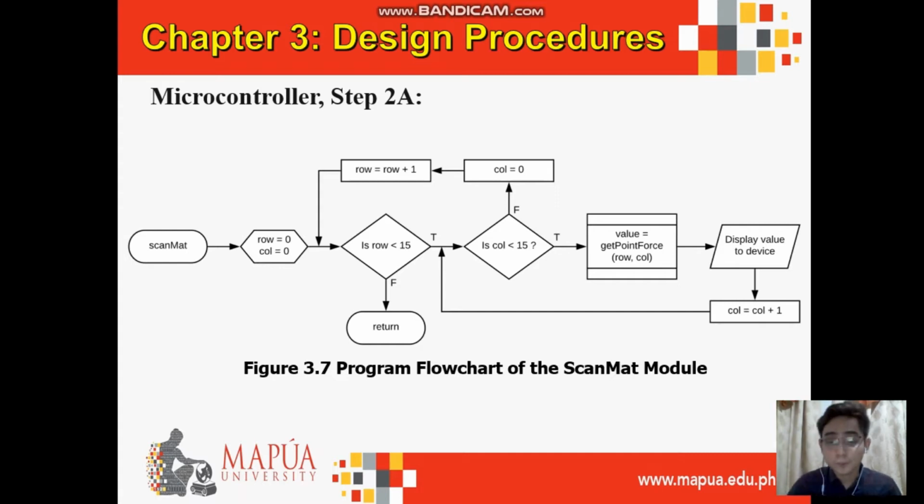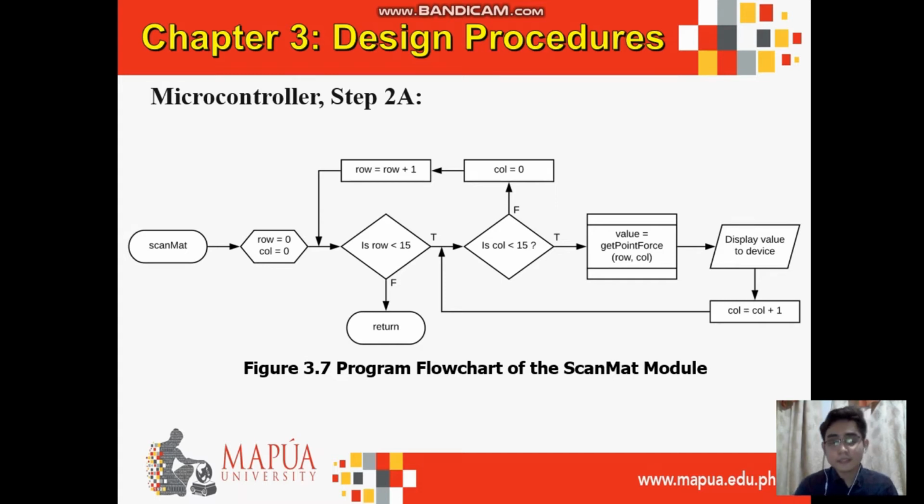This loop will continue until col less than 15 becomes false. That means it has already reached the end of the columns, and the program will set col equal to 0 and add 1 to the value of row. This means that it moved to the next row already.